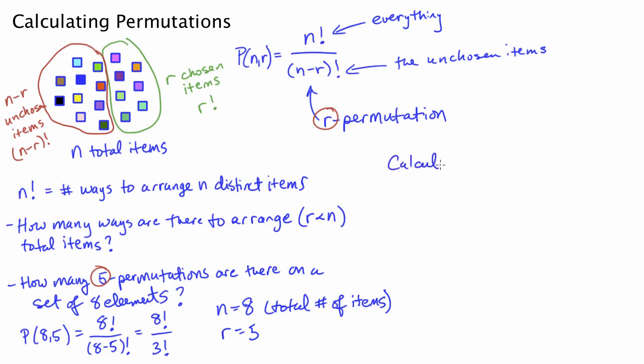So our calculation over here should go as follows. 8 factorial over 5 factorial is 8 factorial over 3 factorial, which is 8 times 7 times 6, all the way down to 1.